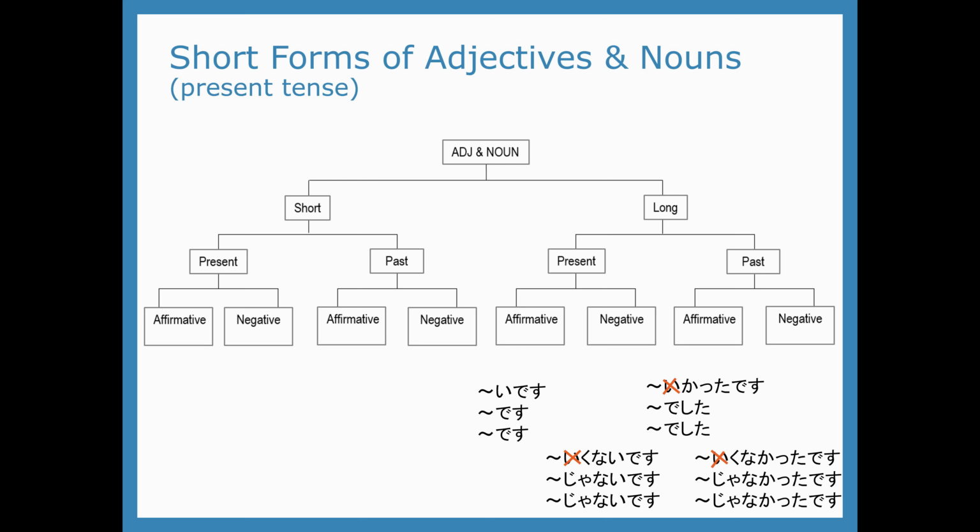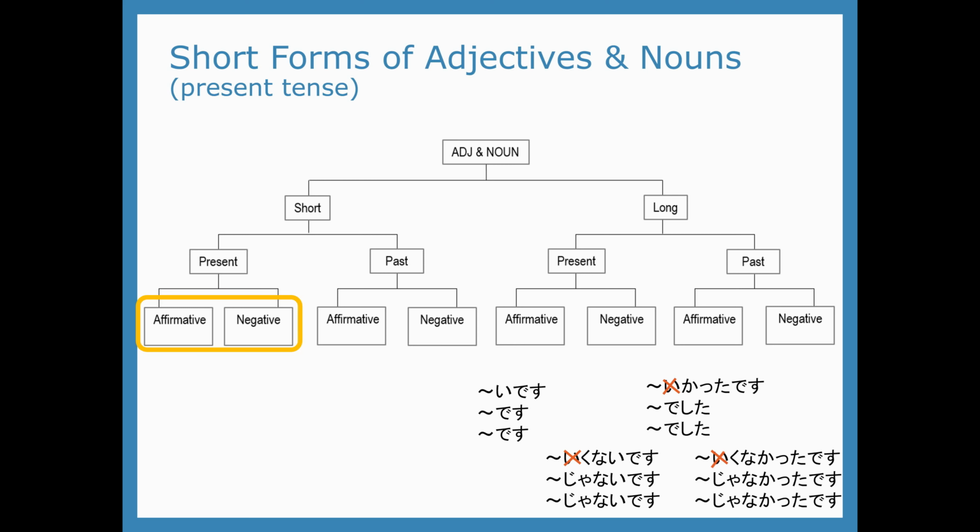Gakusei, a noun, gakusei janakatta desu. If this doesn't sound familiar, or if you really struggle to remember this, it might be a good idea to go back to page 132, chapter 5 of your Genki book and look over these adjective conjugations again, because they're not going to go away. However, when we put them in the short form, it is very simple as long as you can remember this setup that we studied before.